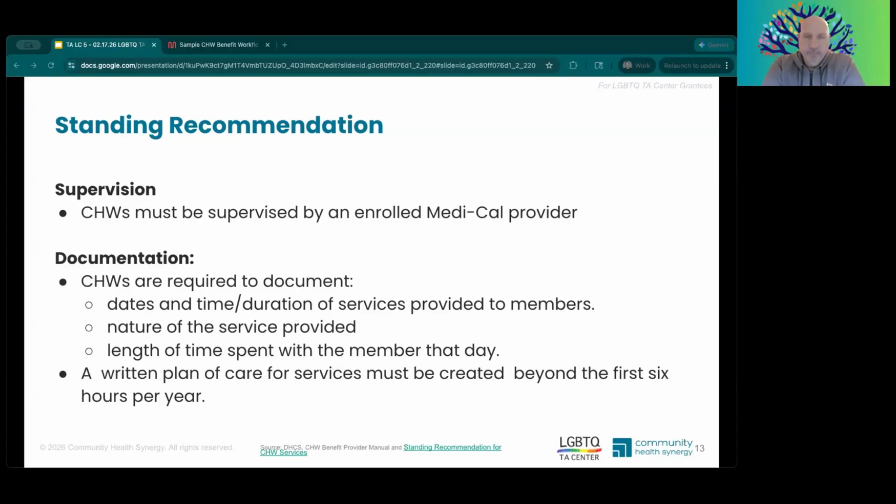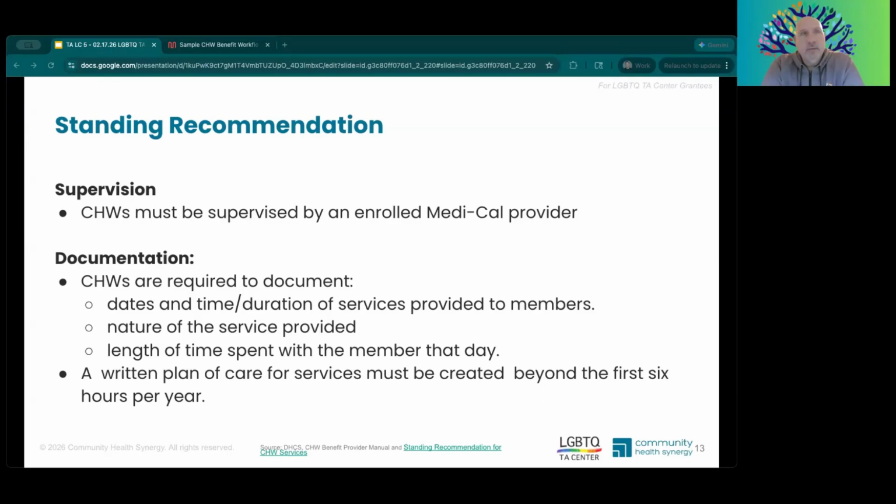I know for some organizations, this is commonly not done, just documenting in absolute detail. But for Medi-Cal contracting, this is absolutely critical. And I think it's not just a requirement, but a new skill that the workforce needs to learn, especially if they're not used to documenting on this level.